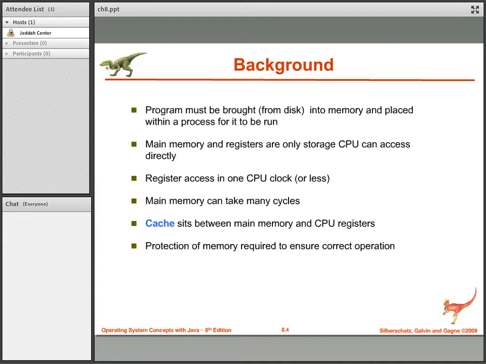Now, not all the program needs to be taken from the storage to the main memory. We only need to take the parts of the program that are going to be processed.